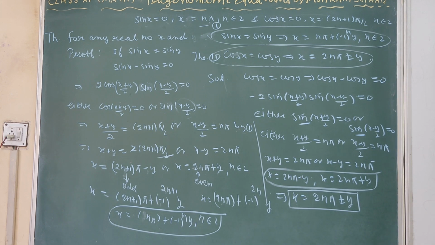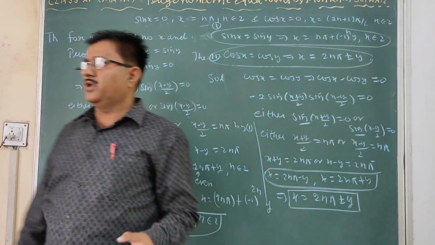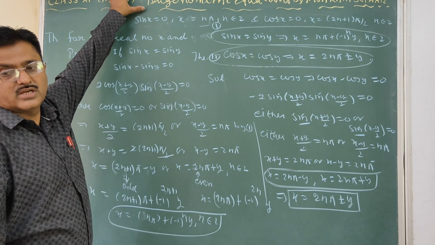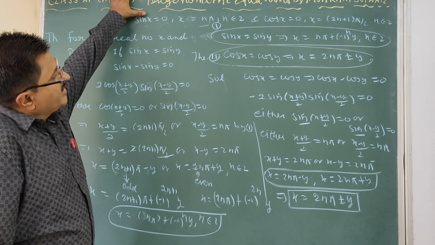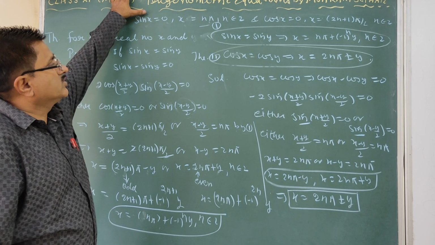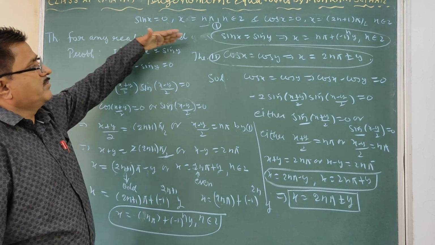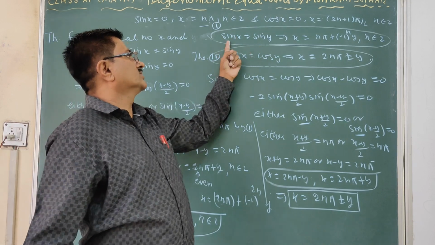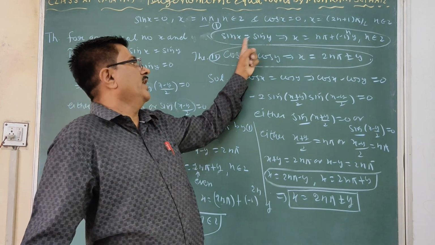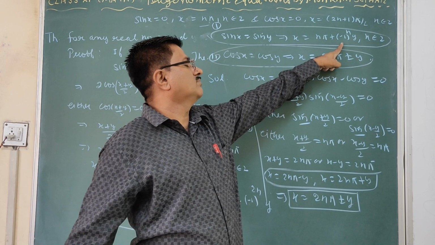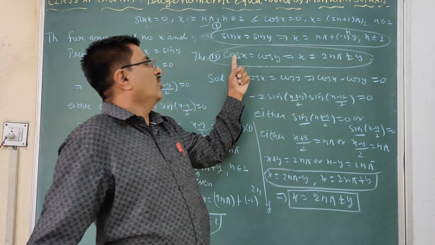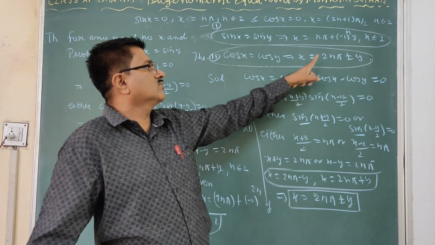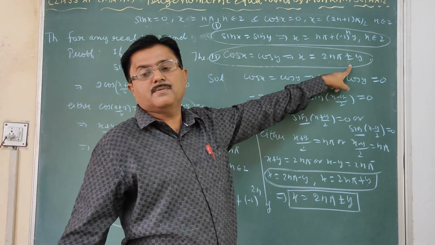Clear? So this is a very easy and interesting topic for finding the solution of an equation when we need the general solution. For the general solution you have to always remember, first of all write the equation in this form: sin x equal to sin y, then x will be n pi plus minus 1 power n into y, or if you get the form cos x equal to cos y, then x equal to 2n pi plus minus y.